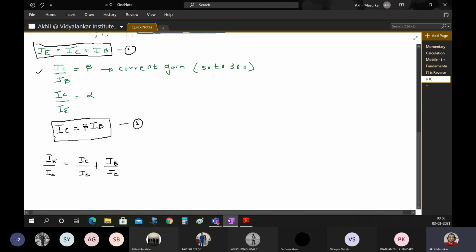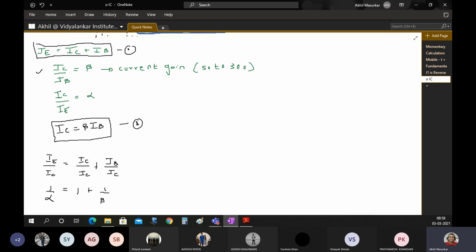IC upon IE is alpha, so IE upon IC will be 1 by alpha. This will be 1 plus IB upon IC, which is 1 by beta. So now you will just cross multiply the things and you will get the relationship between alpha and beta.